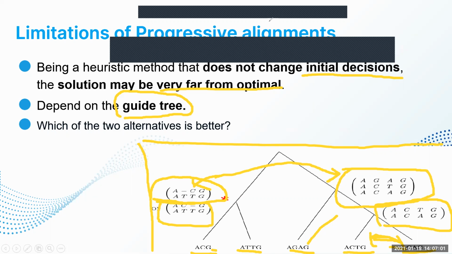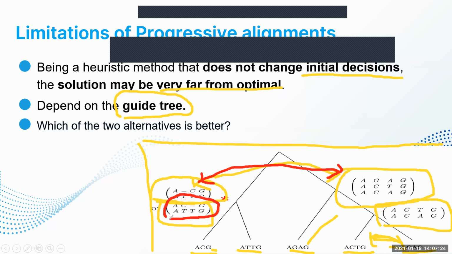What will be the value? Is it a good alignment? You can see G here, then CT, then gap T A. If you consider the other alignment, you can have several alignments, no?